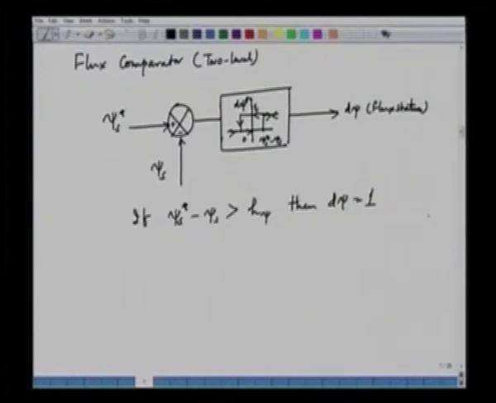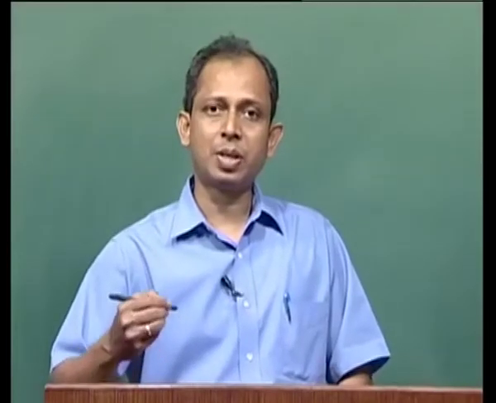And if psi s star minus psi s is greater than minus h psi and less than h psi, it means the flux error is within the band, and if d psi is equal to 1, then d psi is equal to 1. So, if it is within the band, the previous status is maintained.